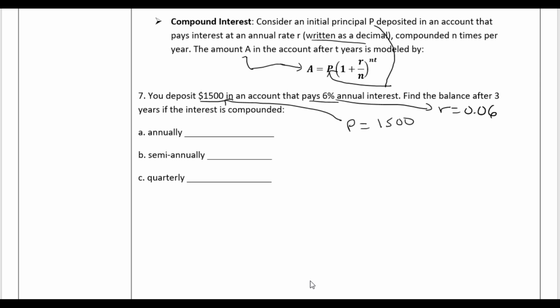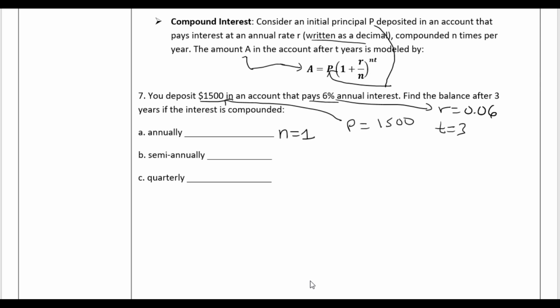Convert that to a decimal, just move the decimal place twice to the left. Find the balance after 3 years if the interest is compounded. So the time is 3. If it's compounded annually, that means the N is 1. The interest is being applied once. For semi-annually, the interest is being applied twice, but it's being split. So it's not like they're doing 4% twice.